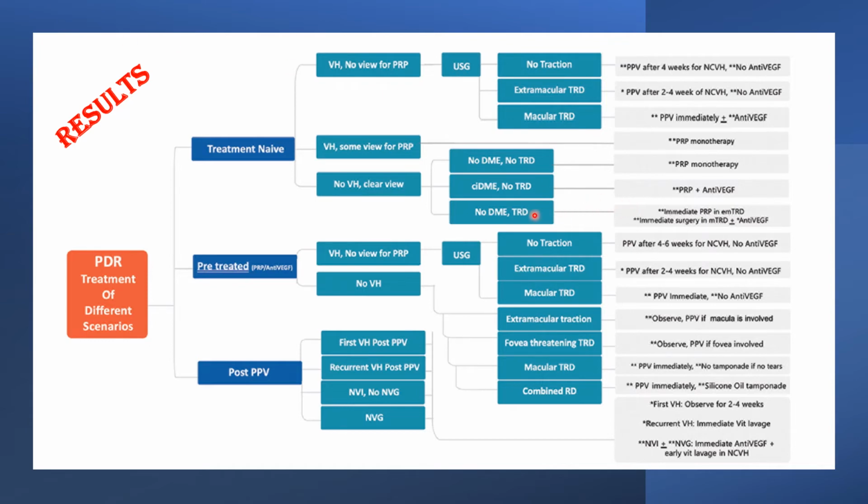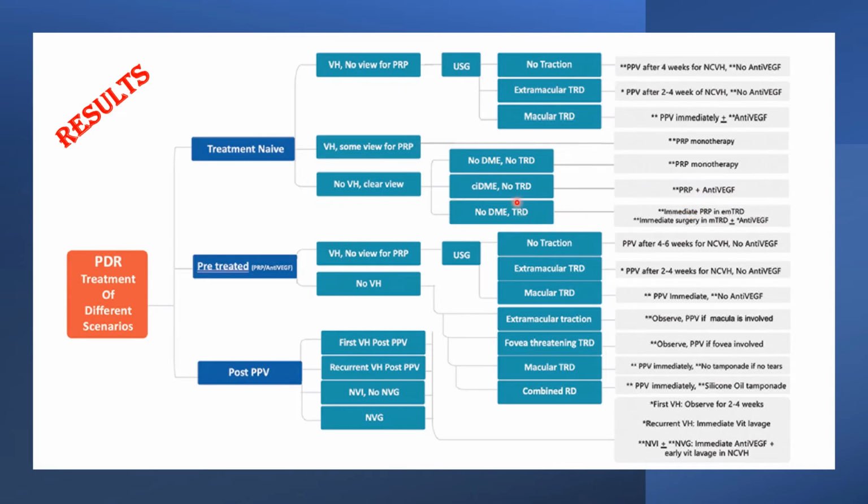In cases of tractional retinal detachment, immediate surgery if the tractional retinal detachment is macular, with or without anti-VEGF, only PRP in extramacular tractional retinal detachment.